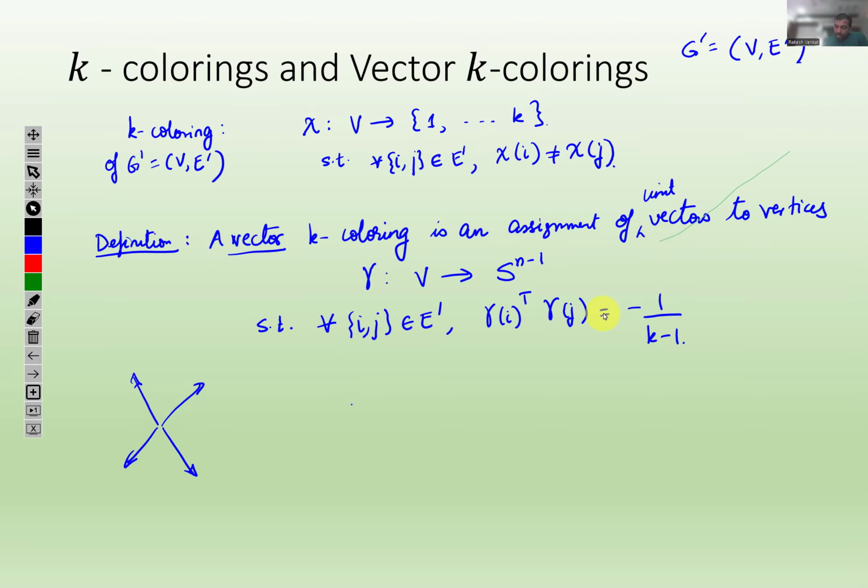For example, suppose k equals 3. This means that gamma of I transpose gamma of j should be minus 1/2. Which means if you have an edge between two vertices, its vectors should form an angle of 120 degrees. This is for 3 coloring.